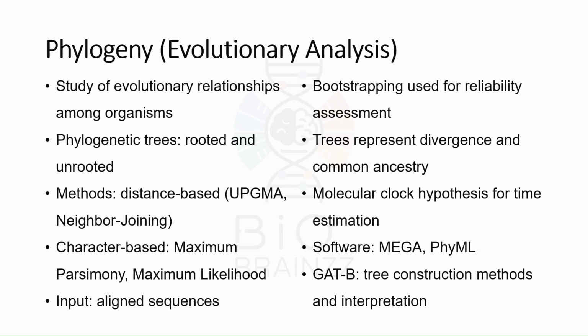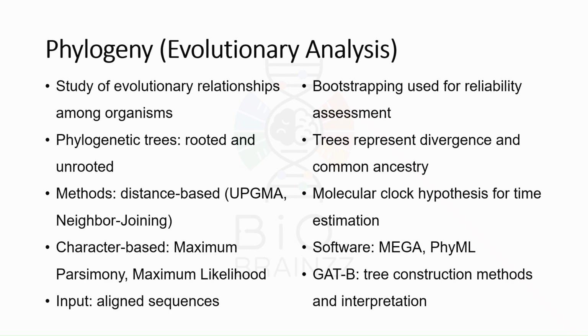Phylogeny is the study of evolutionary relationships between organisms. It is represented using phylogenetic trees, which can be rooted or unrooted. Methods like UPGMA and neighbor joining are distance-based, while maximum parsimony and maximum likelihood are more advanced methods.